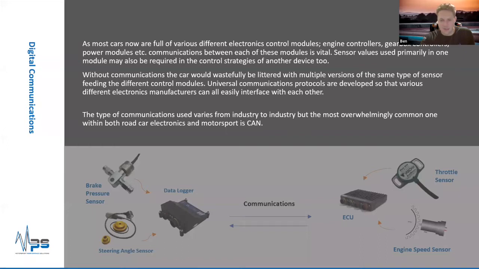CAN communications, if you're not very experienced, is probably only realistically possible if you have other motorsport level devices already installed on your car. So if your engine tuner has already put an aftermarket ECU on, the CAN protocol and CAN communications is relatively easy to set up from a motorsport device.